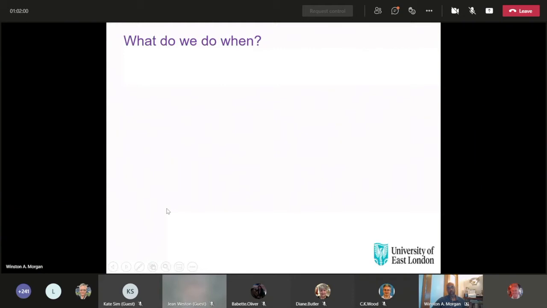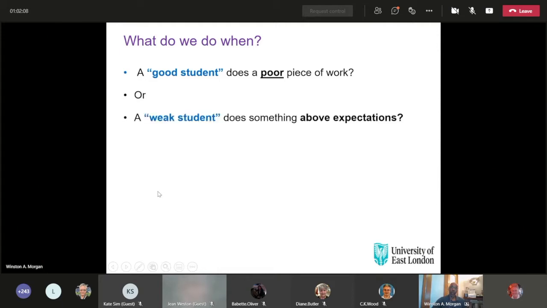Just to give you an example, what do we do when a good student does a poor piece of work, or a weak student, and these are perceptions about students, does something above expectations? What we tend to do is double check, both for the good students. I know I've done that, thinking, right, where did the student go wrong? Did I miss something? And I'll actually look through that piece of work and try to find evidence of good work.